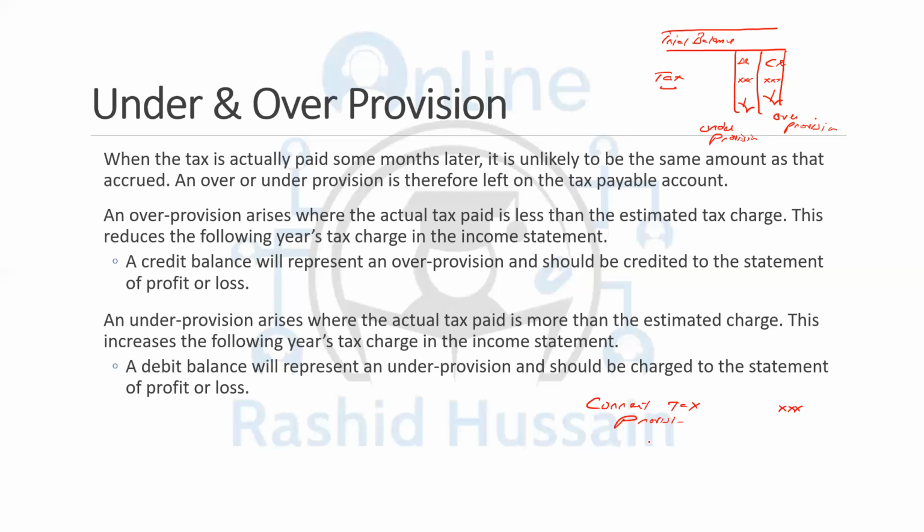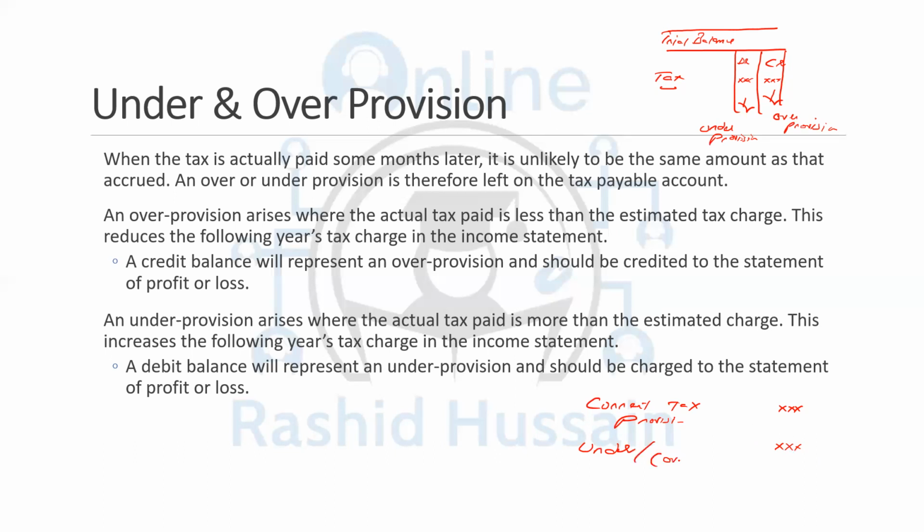So based on common sense, if you have under provided, that simply means you recorded less tax in the last year. The under provision will increase your tax charge because you booked less tax in the last year. Now you need to increase your tax charge with the amount, which is the difference between the actual and the estimated.